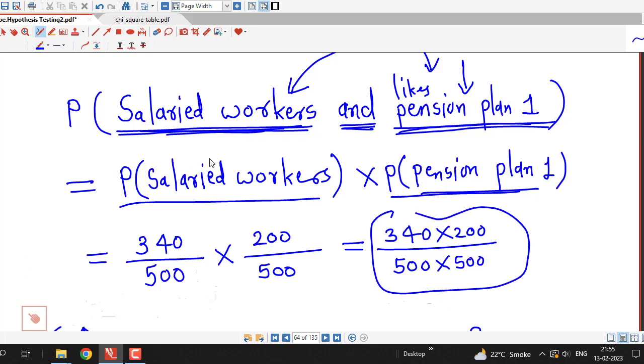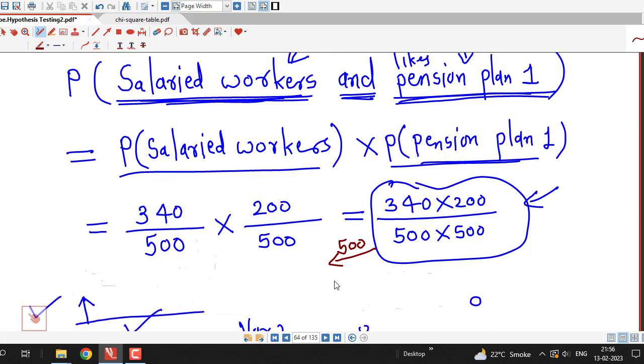Now we are interested in the number of workers who are salaried and they like pension plan 1. So for that we have to multiply this probability by the total number of workers. If we multiply this by the total number of workers, which is 500, then we will obtain the number of workers who are salaried workers and who are interested in pension plan 1.